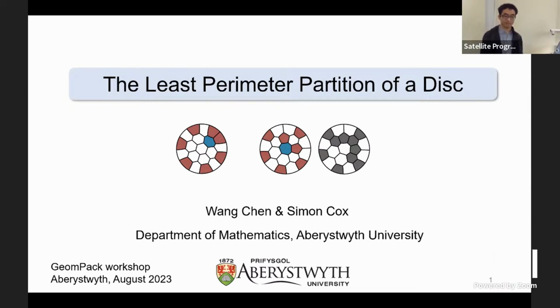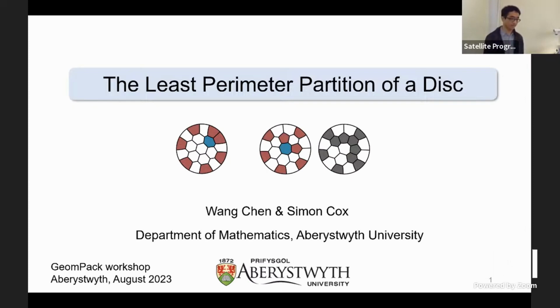And for n equals 3, it is mathematically proven. For n ranging from 4 to 43, some numerical constructed solutions have been provided. The following diagram shows these partitions.